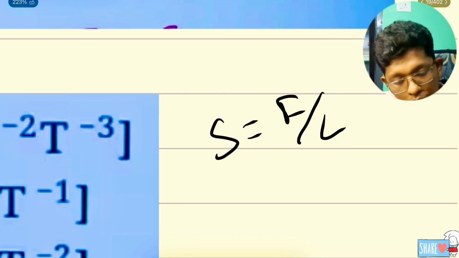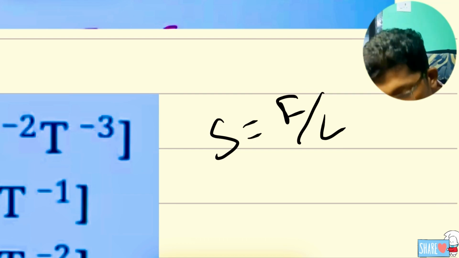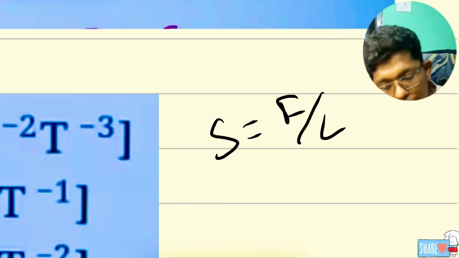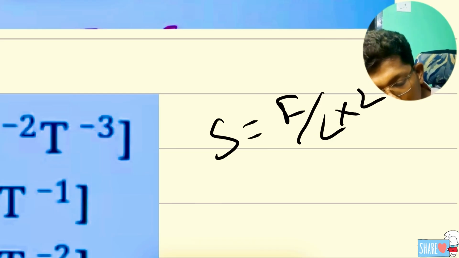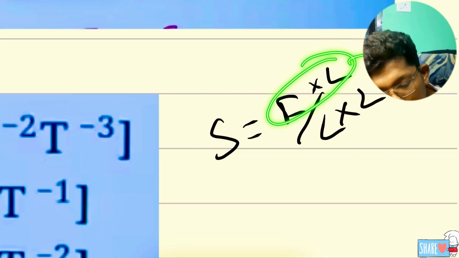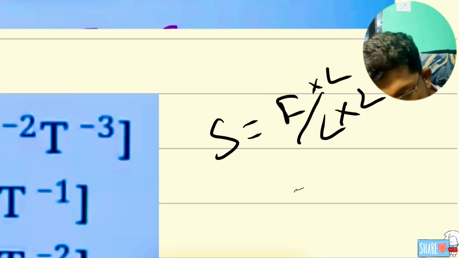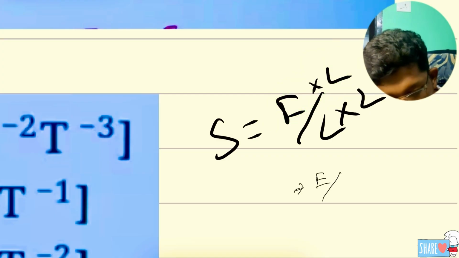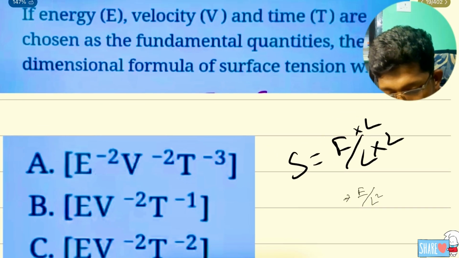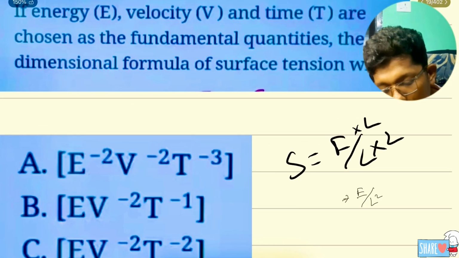In energy terms, you should get the answer, so I multiply by L and L. Why have I done this? Because force into length is energy, so you can write energy over L square. But length should not appear; we should have velocity terms.